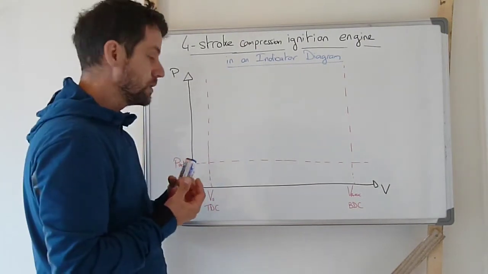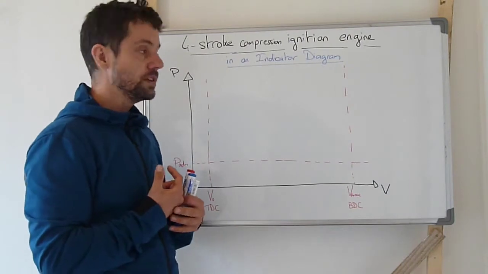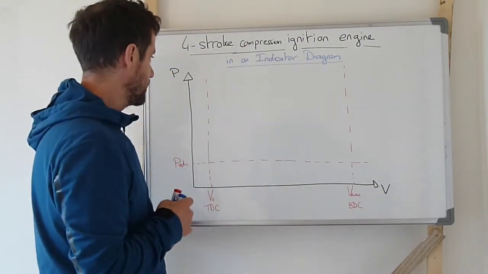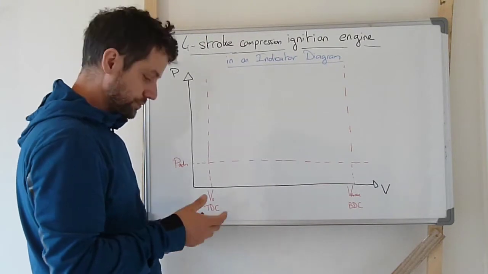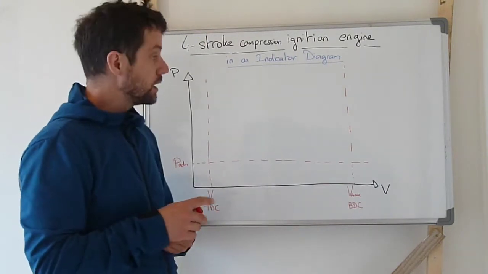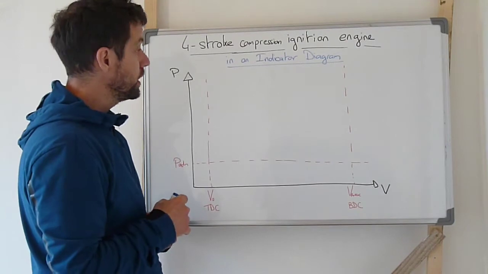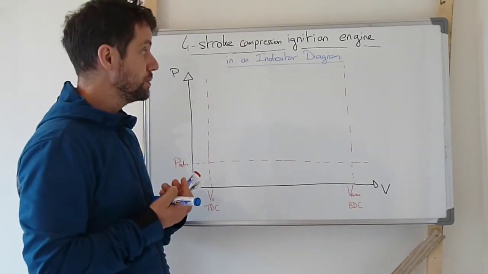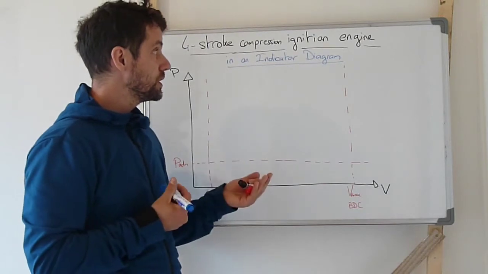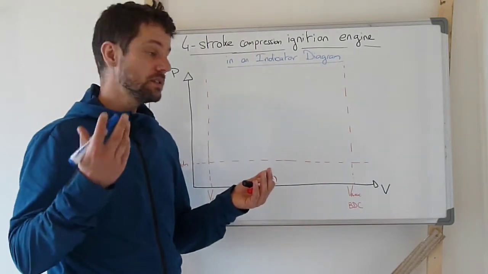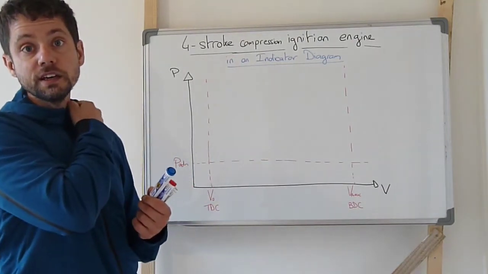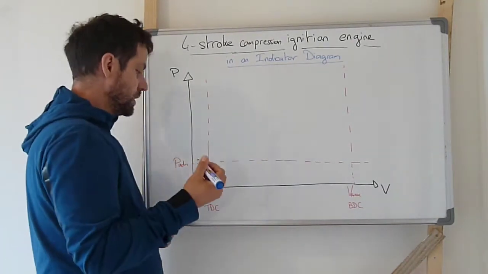So there's no turbo on the engine, otherwise things are a bit different. We'll especially point out the differences for the compression ignition engine versus the spark ignition engine, and at the beginning everything is quite similar.